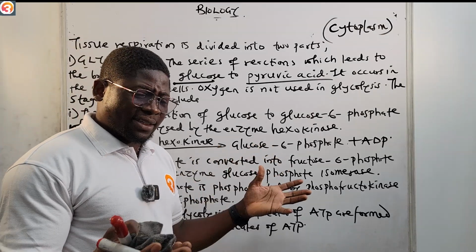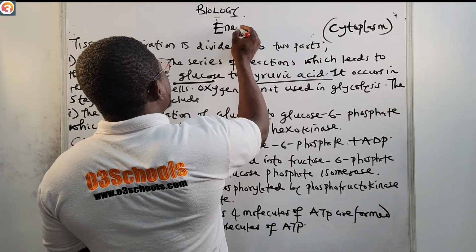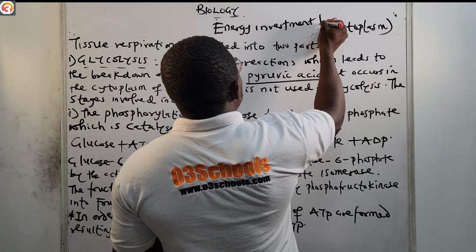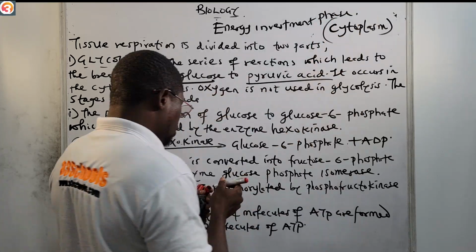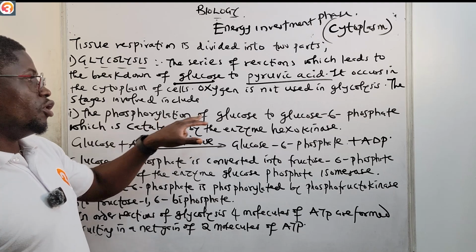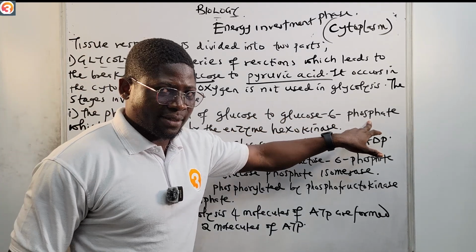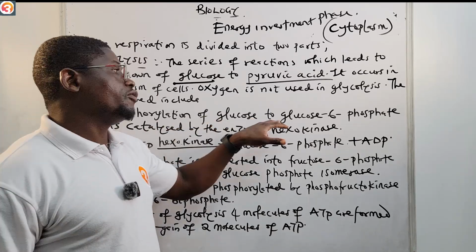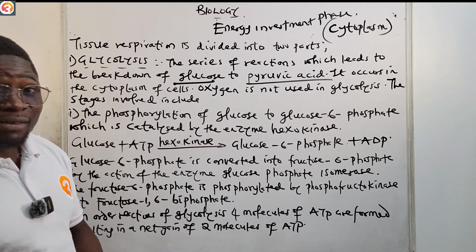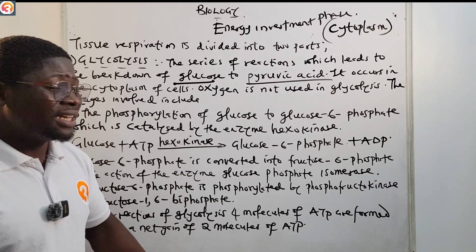So the first phase, which is called the energy investment phase, begins with the phosphorylation of glucose to glucose 6 phosphate, which is catalyzed by different enzymes; all of those 10 reactions have different enzymes.